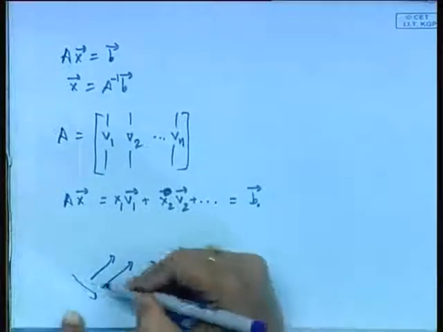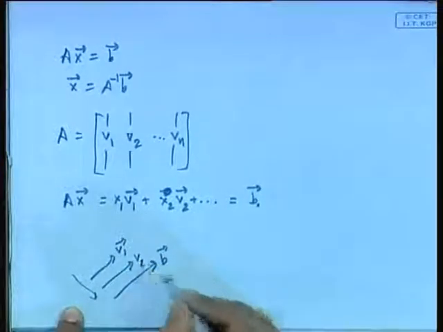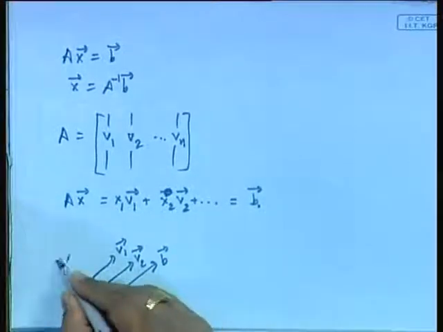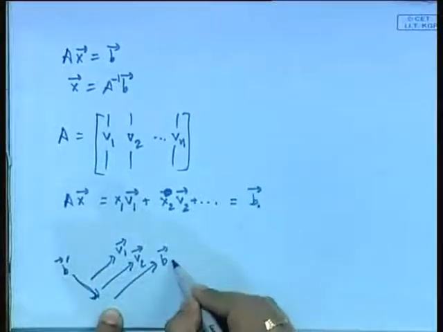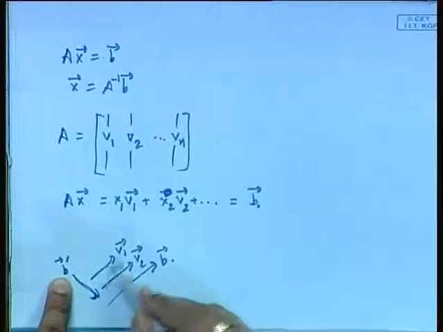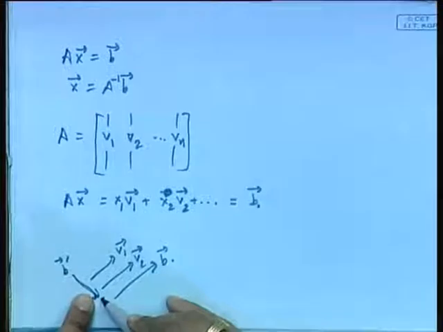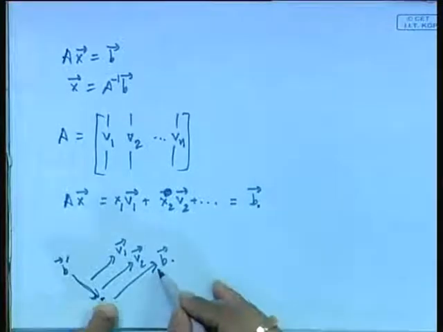So if this is b, and this is v1, this is v2, and this is b prime, you can get this b because it is parallel, and any combination will give this b. On the other hand, this is not parallel. In that case, if v1 and v2 are parallel, no combination of them will give this. So this is the situation when, as I said, for parallel lines you have no solution, the singular case, whereas this is the case when it has infinitely many solutions.